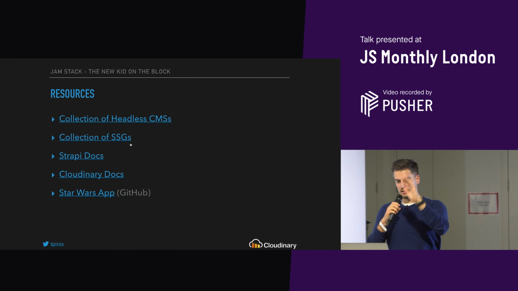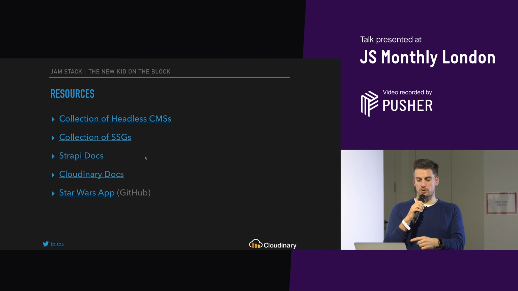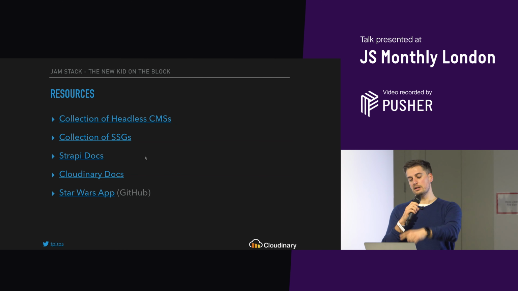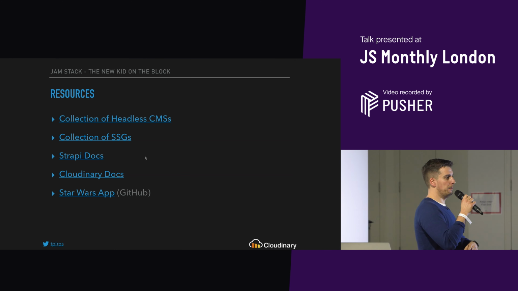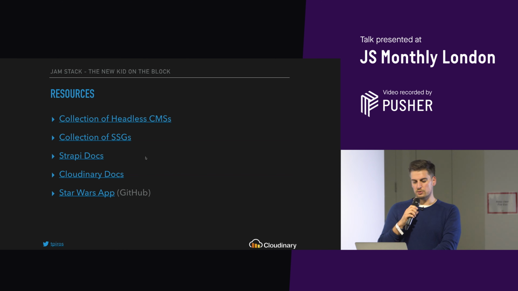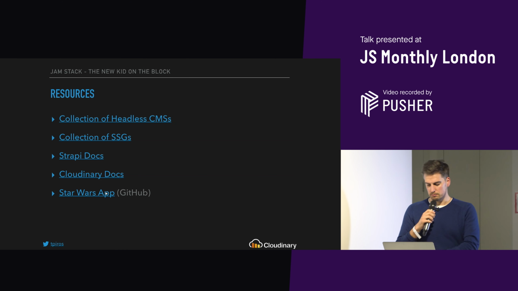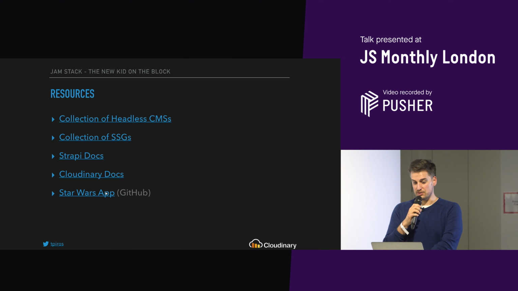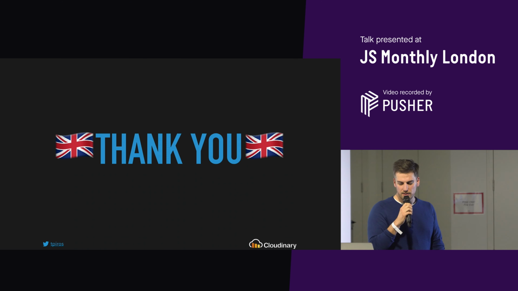That site contains all of them. If you're interested in Strapi, I link to the Strapi docs. If you're interested in Cloudinary, there's the Cloudinary docs. And I just made that repo public. The Star Wars app is a link to the application that you kind of see. And with that, thank you very much for your attention.